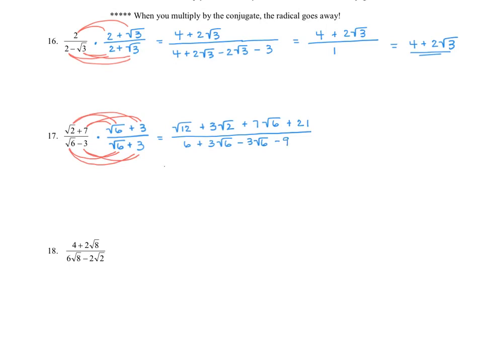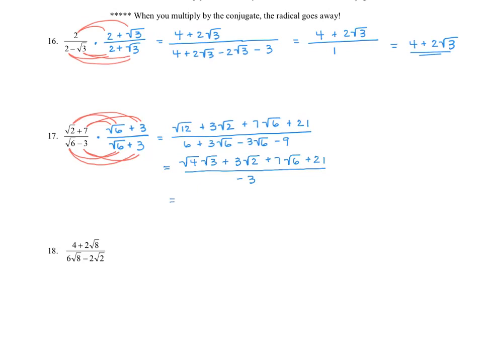When we start to simplify and combine like terms, we notice that rad 12 has perfect square factors in it, so it simplifies to rad 4 times rad 3 plus 3 rad 2 plus 7 rad 6 plus 21. And in the denominator, the terms with radicals disappear, and 6 minus 9 becomes simply negative 3.